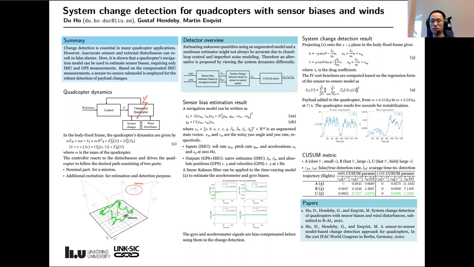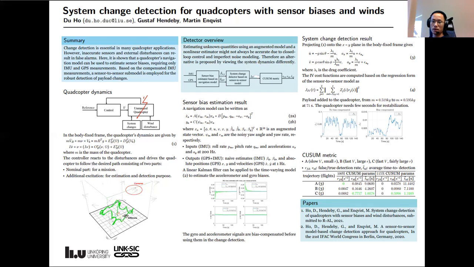In the next plot, you can see that we have a significant improvement in the IV cost function if we remove the sensor bias, on the right subplot. We can clearly see a change in the level where the mass increased roughly from 0.5 to 0.6 at around 70 seconds. And of course, in detection, we need to evaluate the detection performance.